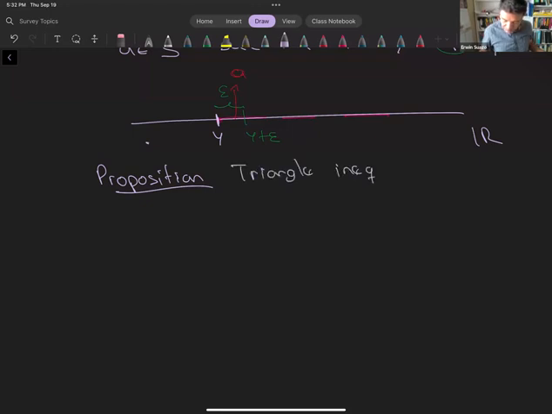And it's gonna be really important. We're gonna use this so many times in your life, in your future classes, that you'll be happy that we did this, okay? So let A and B be any real numbers.